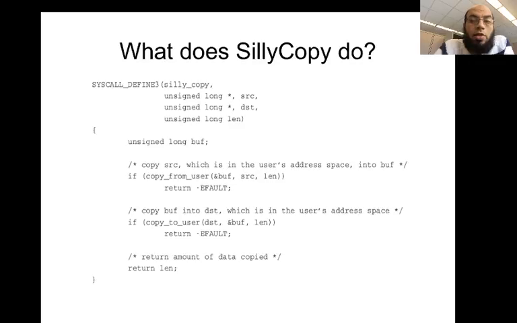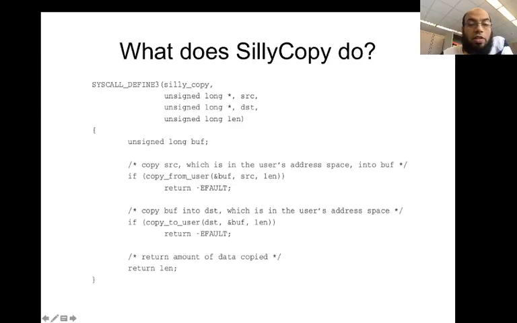The buffer is a memory address in the kernel memory. And then, since this is a silly copy, it will copy to the user, in the destination DST, whatever is in the buffer and the len.